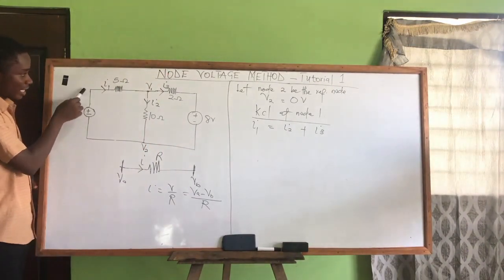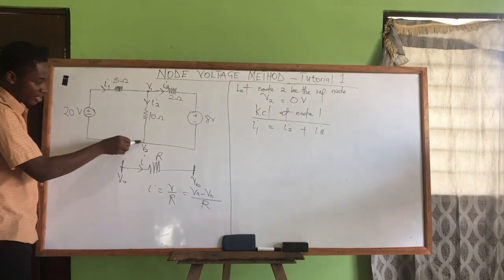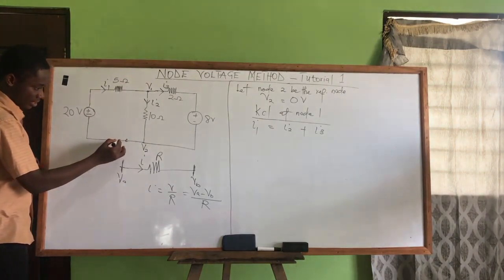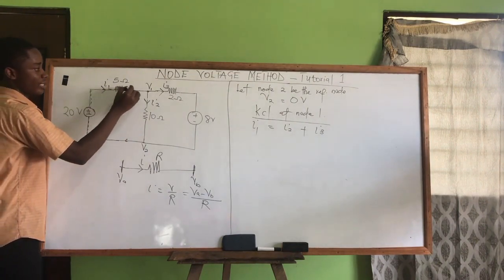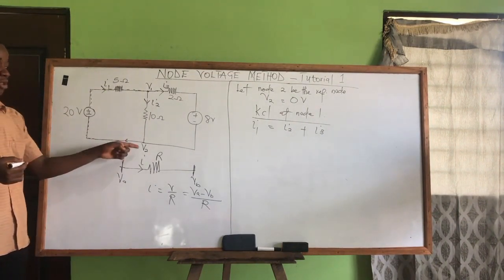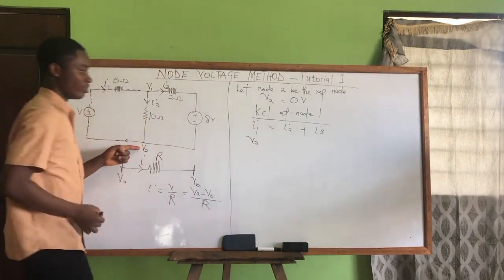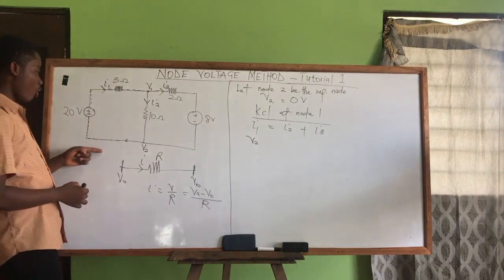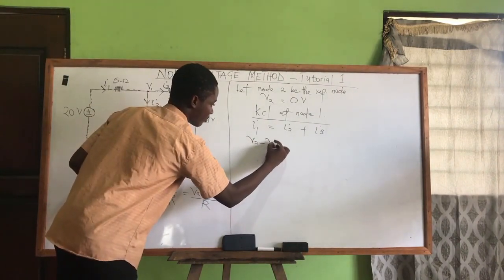This is a whole complete branch, and I1 is on this same branch, from here to this point. So I1 is starting from node V2 and moving all the way to node V1, so V2 minus V1.